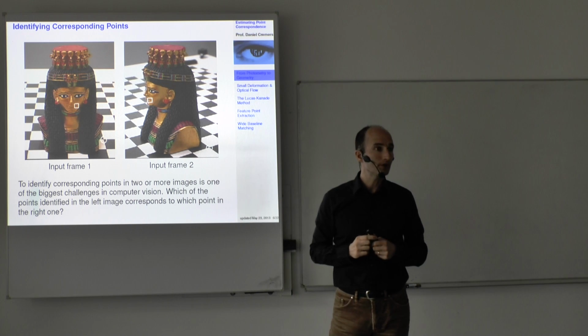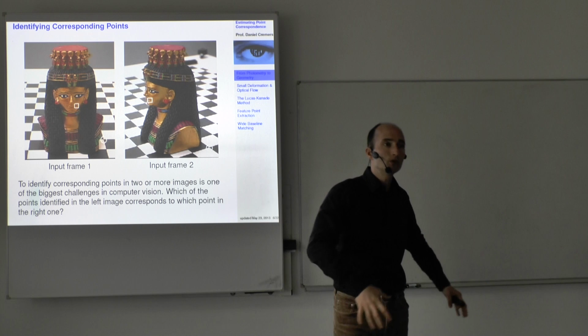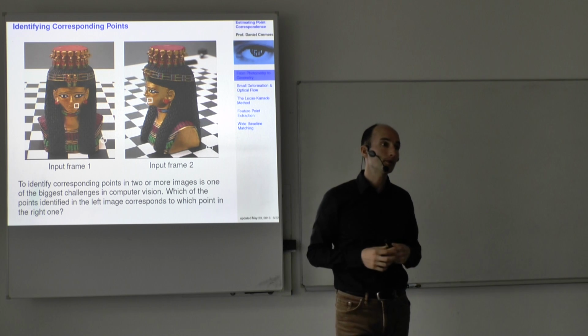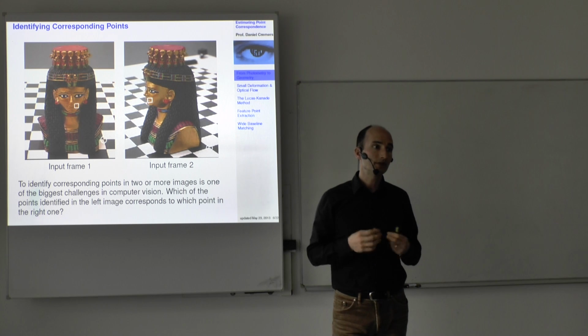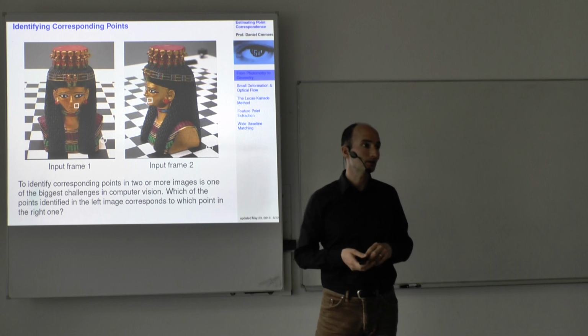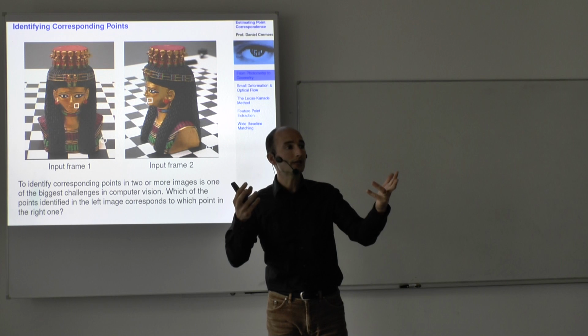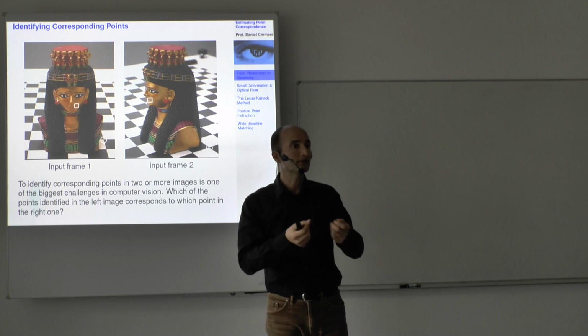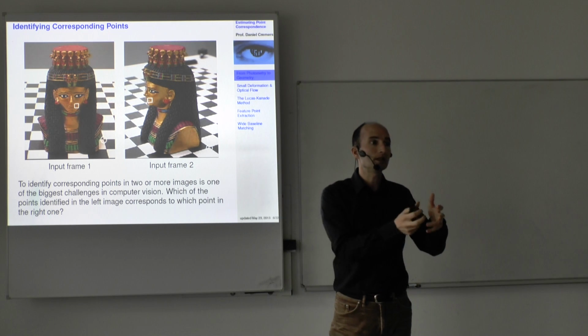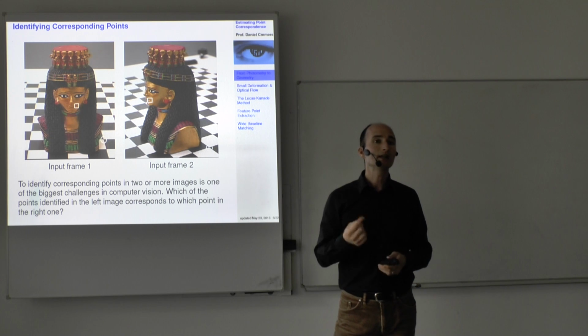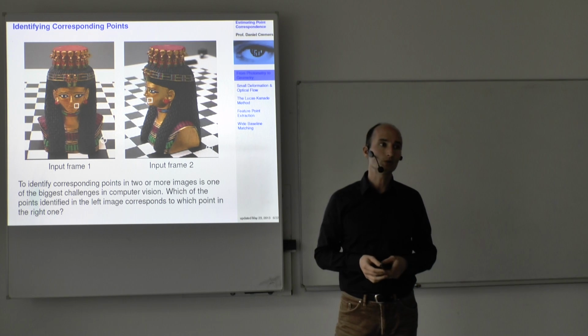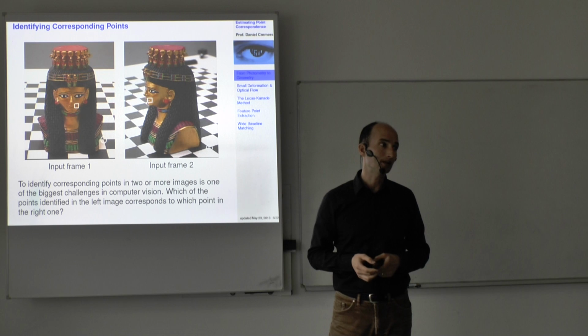If you track a person in a video and the person moves, you want to find corresponding points as well. So very often you have this aspect of correspondence finding. If you want to compare 3D objects and match them, you have to find correspondences between the points. So finding correspondences is one of the major algorithmic challenges.